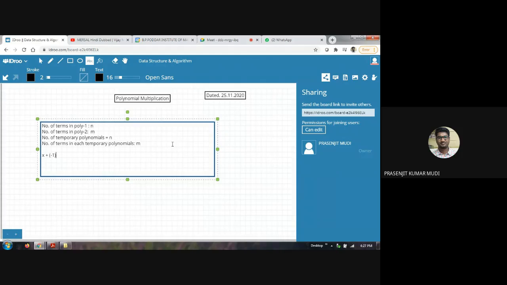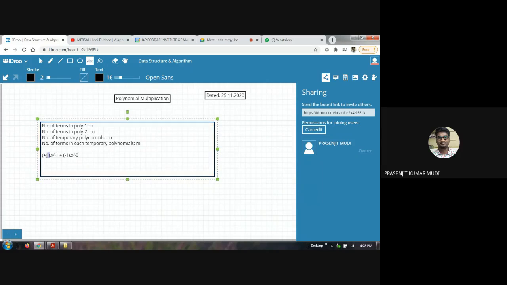That means all the coefficients are assumed to have a positive sign. So this is plus 1 multiplied with x, right? Similarly here, minus 1 is getting multiplied with x to the power 0. And this is x to the power 1. This is how we represent a polynomial while taking inputs from the user.